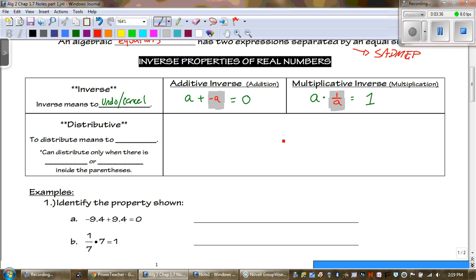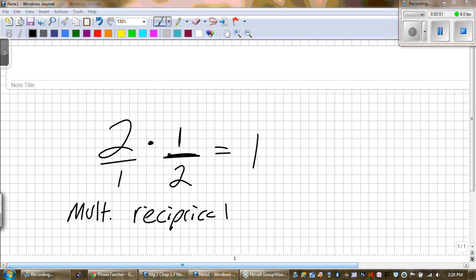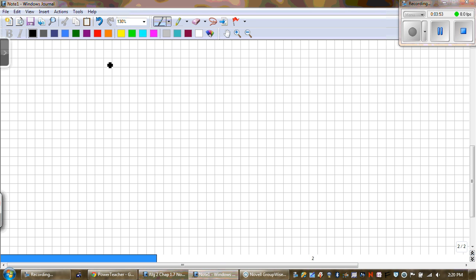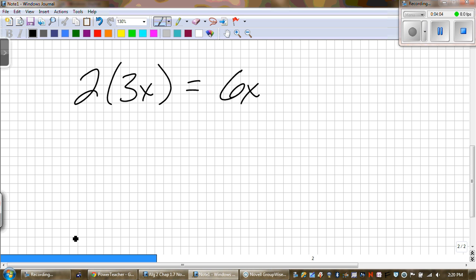All right, the distributive property. Okay, distribute, hopefully you guys have been drilled this into your heads, means to multiply. Okay, so in this first example, if we have 2 times 3x, all we do is just multiply. 2 times 3x, that gives us 6x.